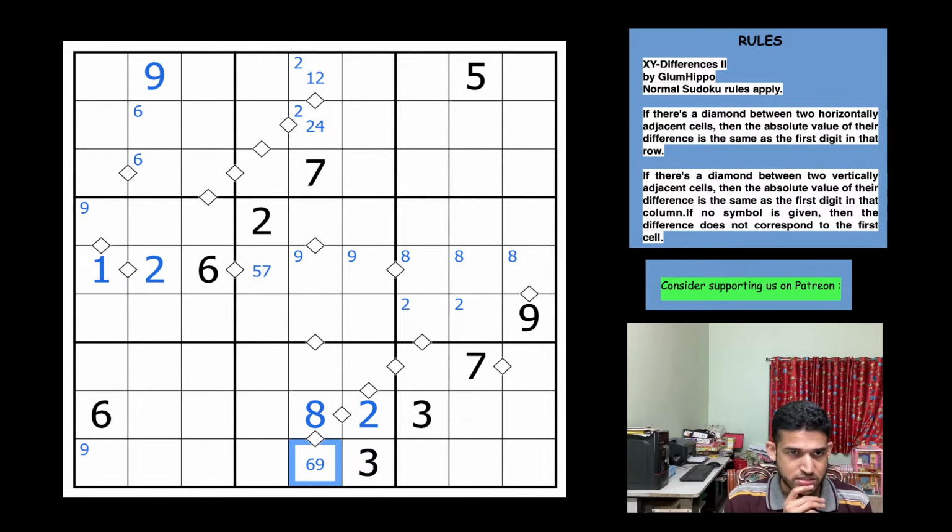What do we do next? So the progress is really minuscule, but it's proceeding. Let's look at the possibilities here because I see it's restricted.